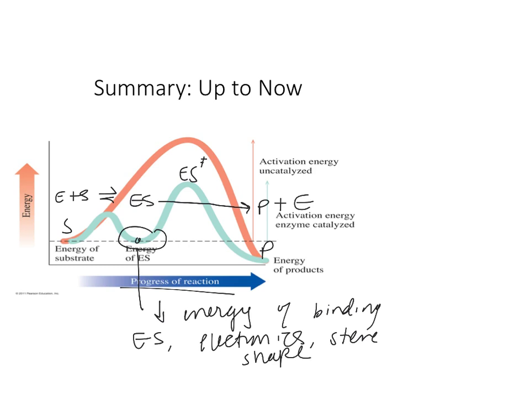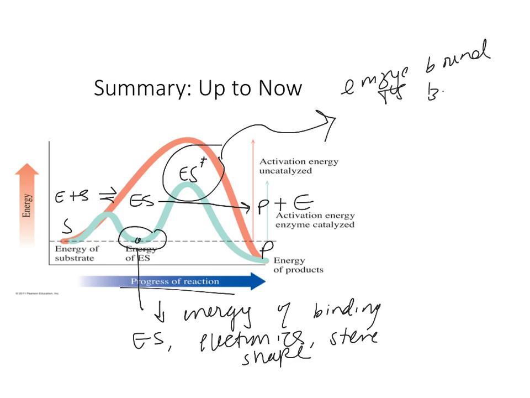Okay? The lowering of this is because the enzyme bound the transition state, didn't say better or best, better than the substrate in optimal orientation and proximity.